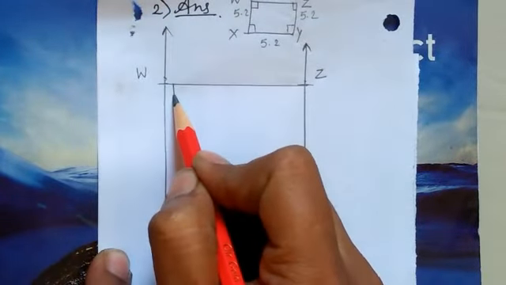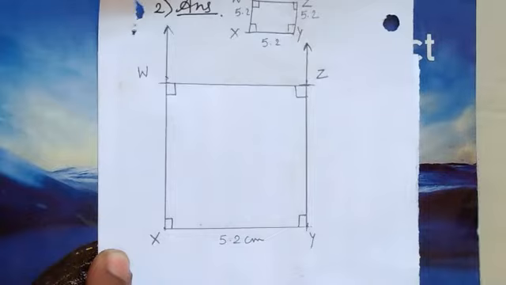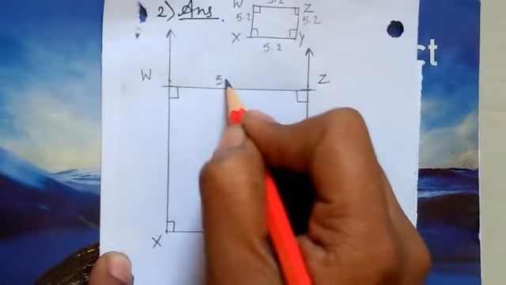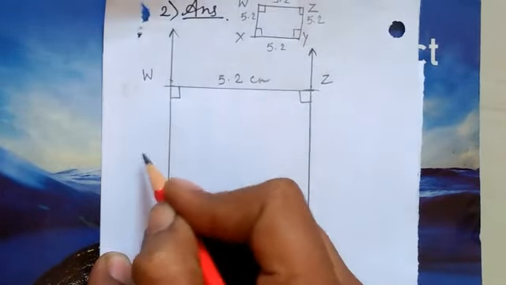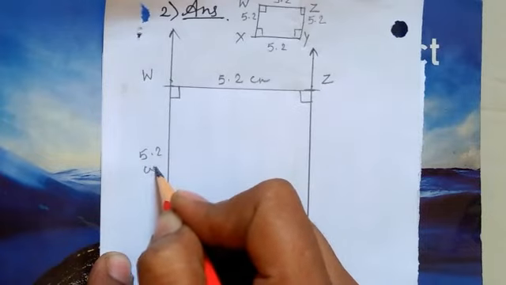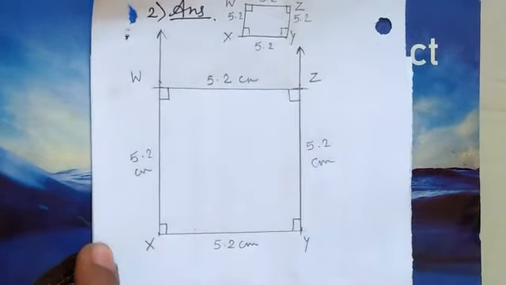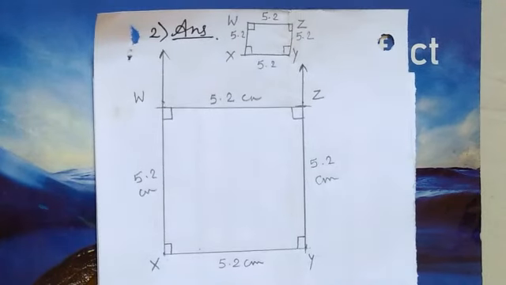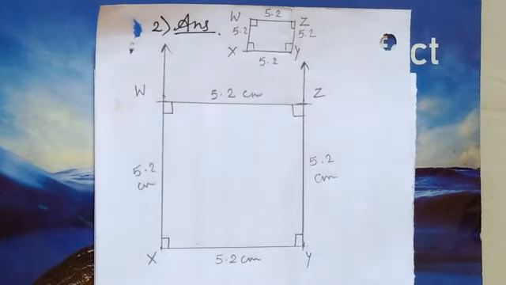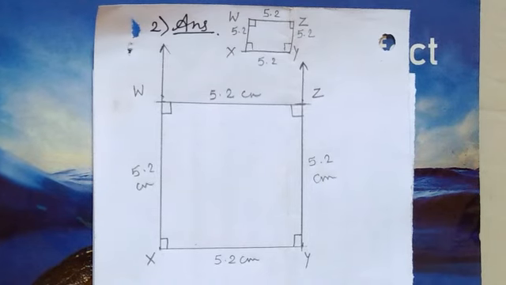So these are also 90 degree angles. So put the symbol. Each side measurement is 5.2 centimeter. So write it properly. Like that way we will get the answer of the second question, that is the square WXYZ, whose side is 5.2. If you want, take the screenshot.